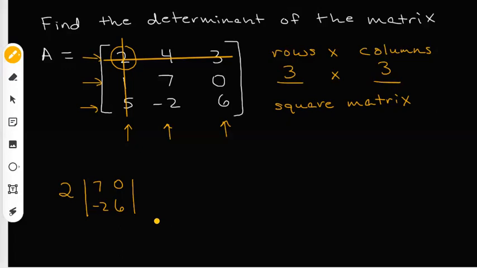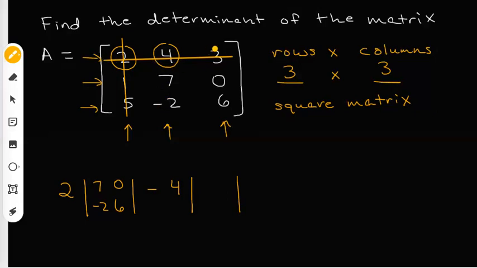Now, the next thing I want to do is circle the 4. That's going to be my next number on the outside. But I'm going to subtract it, and I only do that for this element. We're always going to subtract in the middle. Now I'm going to have a 2 by 2 inside of these braces. How do I know which 4 elements to choose?